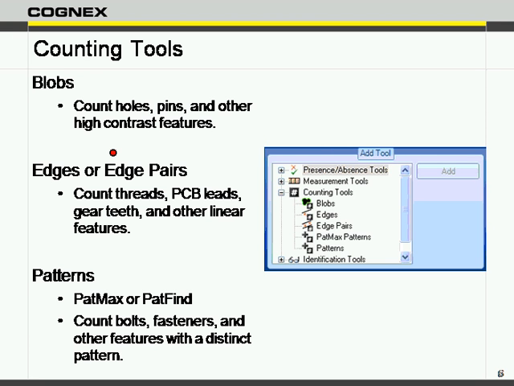We can also look at edges for presence or absence of edges, and also presence of patterns. So this is all under the counting tools group: blobs, edges, and patterns. These are the tool groups that comprise the counting tools.